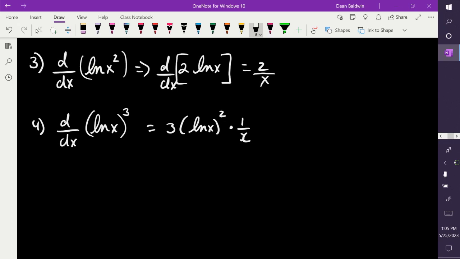That's it. Because the natural log is being cubed, you have to use chain rule. You start with the outside function, the power of 3. You drop down that 3 and take 1 away from it. That's why I have 3 natural log of x squared, multiplied by the inside derivative, which is 1 over x.